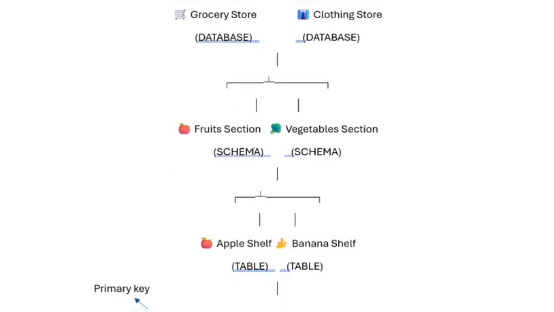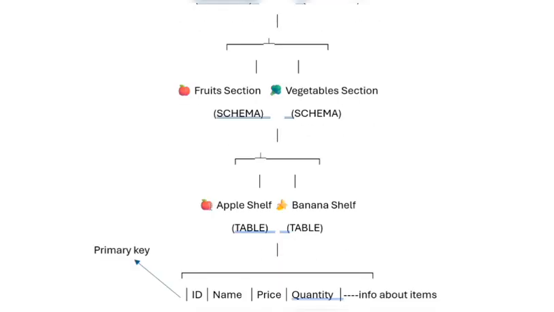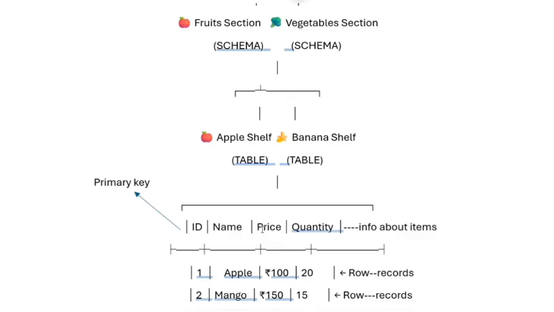If you look inside the fruit section, there are shelves. That means apples are stored only on the apple shelf, and bananas are stored only on the banana shelf. Same like that, tables also store the same data types in the same place.